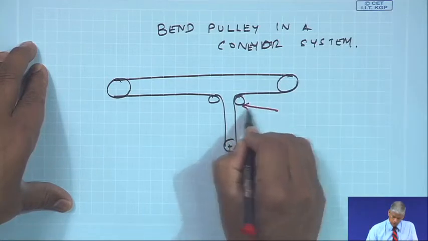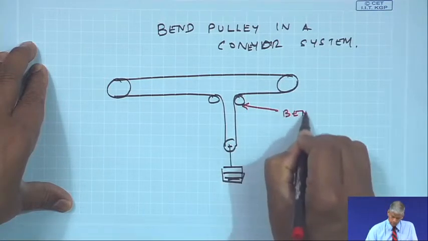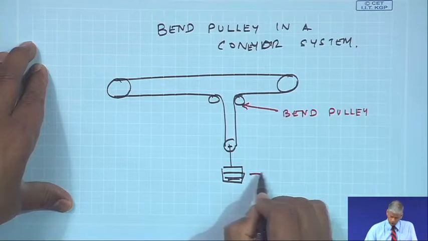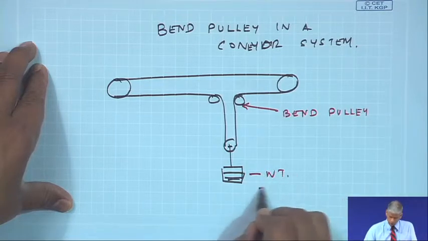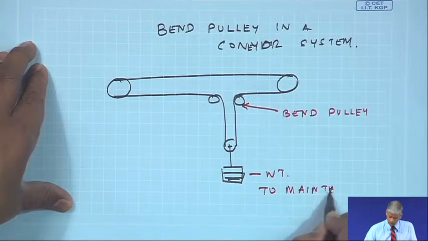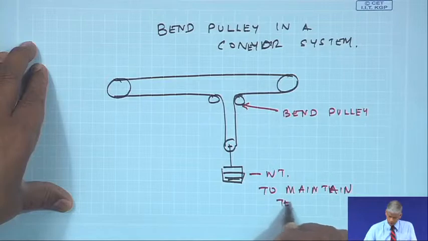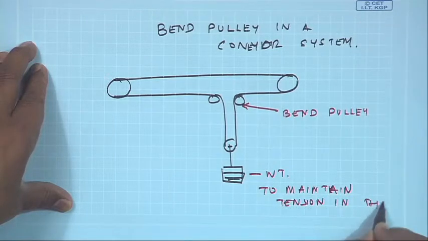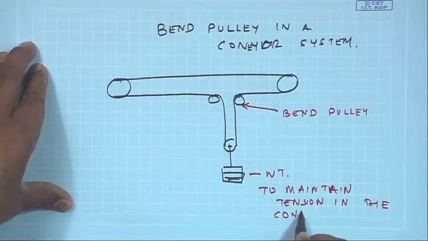This is the bend pulley. These weights are given to maintain tension in the conveyor belt.